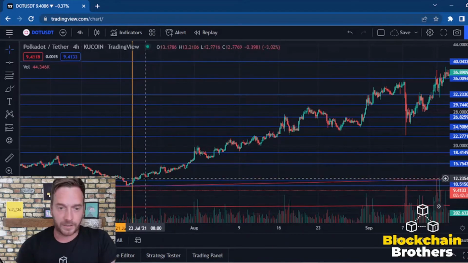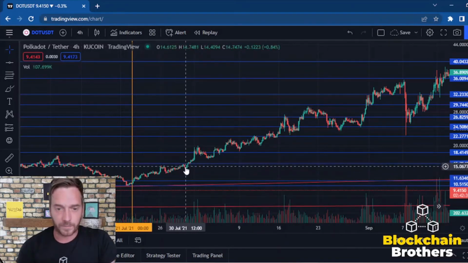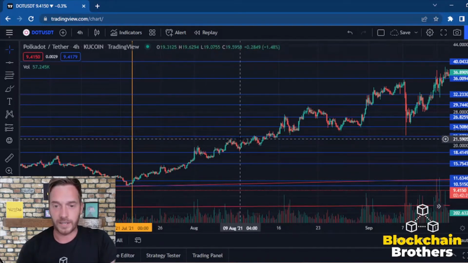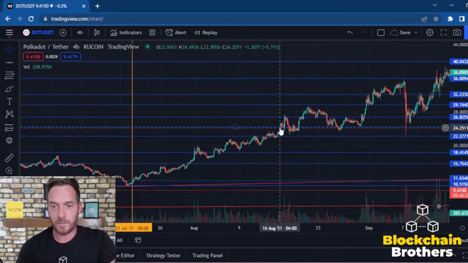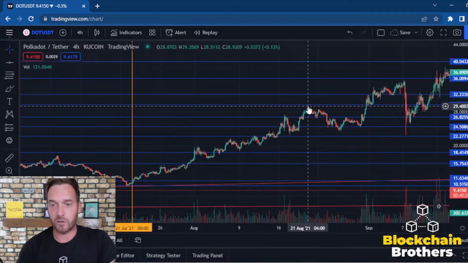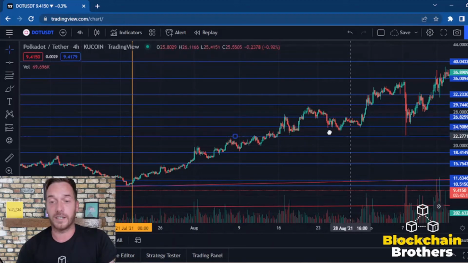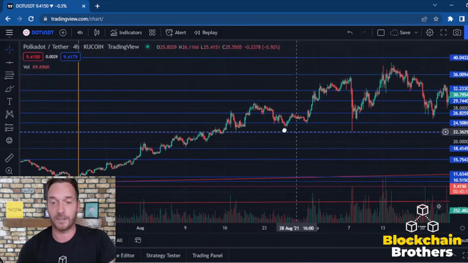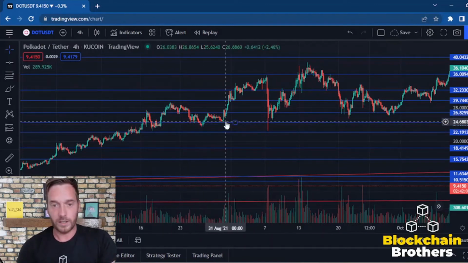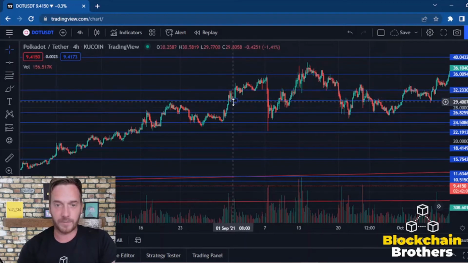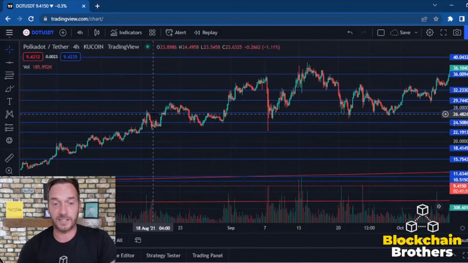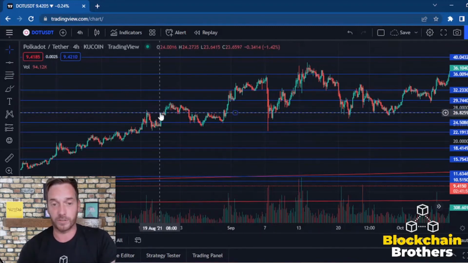It broke that, comes back down to it, and then makes its way up to it, comes back down, bashes through there, back down, hits it there, back down, busts through that one, pulls back, hits that one, pulls back, tries to touch that one, couldn't do it, obviously had to go off and look for some more buys and sells, and then finally managed to do it.